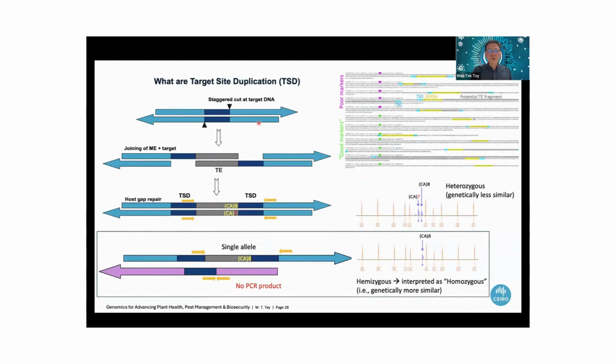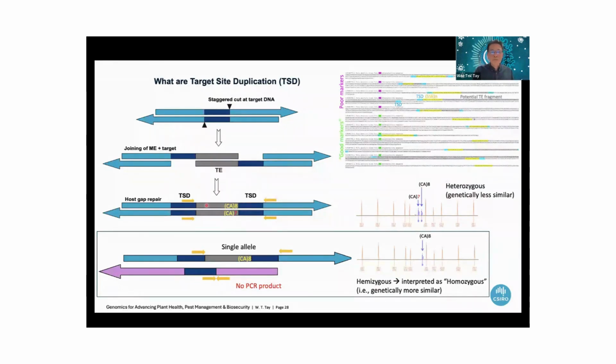So you have your host genome, and it is cut in a staggered way. So it cuts from here and then onto there, creating an overhang of the host genome. The mobile element inserts itself. And because this DNA is double-stranded, we have a template here and here that are identical.